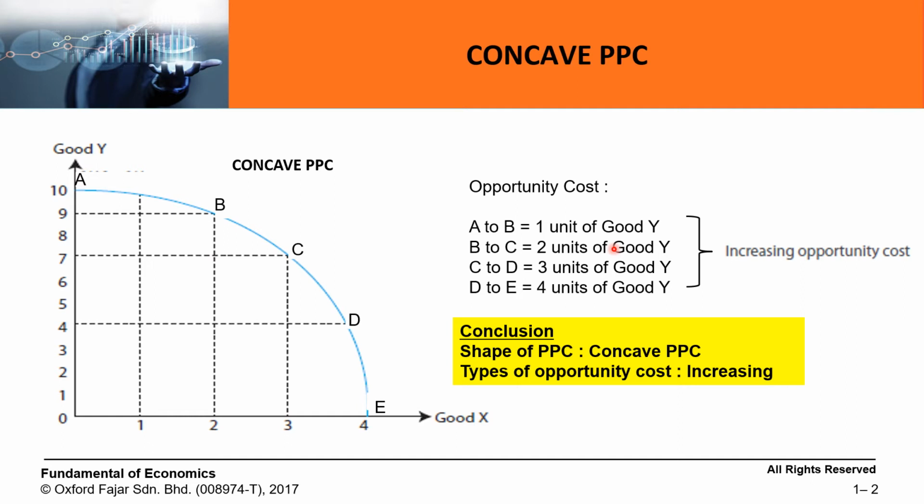Okay, kalau kamu kira opportunity cost increasing, tapi shape of PPC tu tak dapat bentuk concave, sama ada kamu lukis graf tu salah, ataupun pengiraan untuk opportunity cost itu salah. Okay, because when your shape of PPC is concave, your opportunity cost must be increasing. Or when you calculate your opportunity cost is increasing, the shape of PPC must be concave.